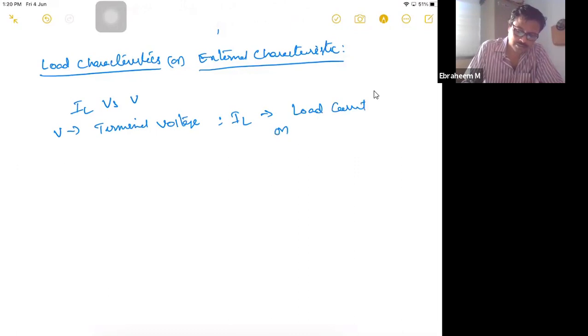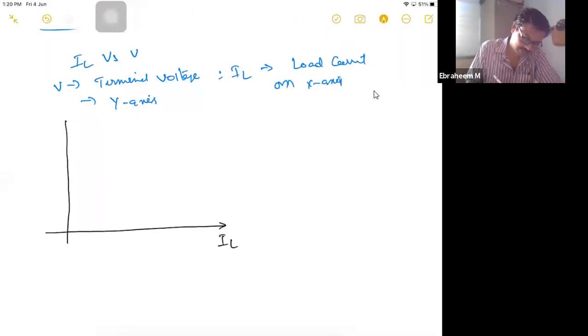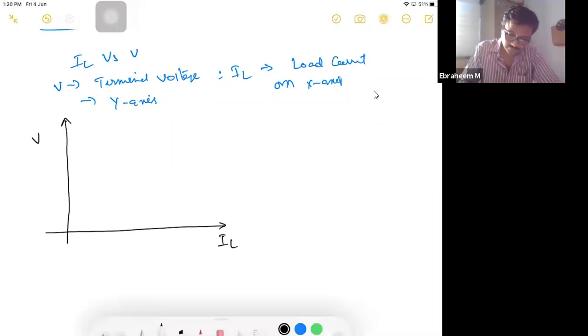IL on the x-axis and V on the y-axis, or vertical axis. If you draw this plot, you will have different characteristics for different generators. So the characteristic will be different for different machines, right?